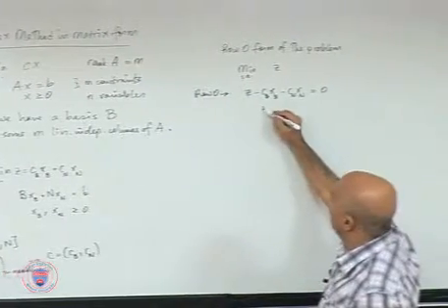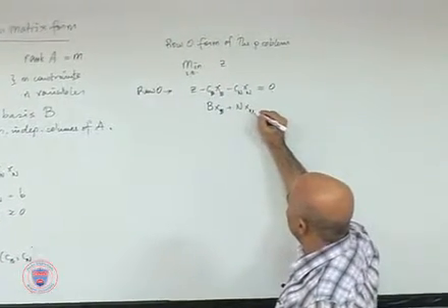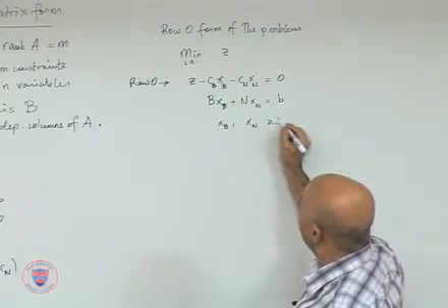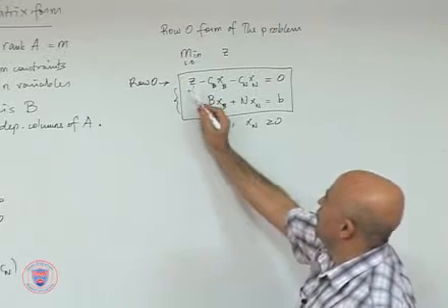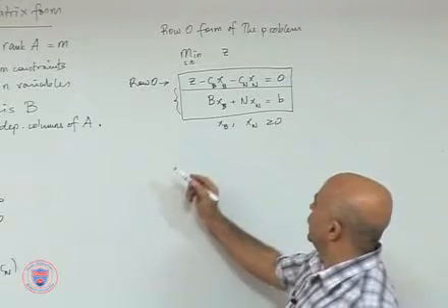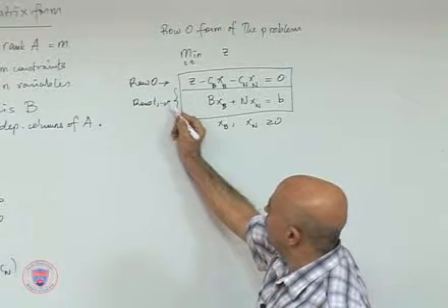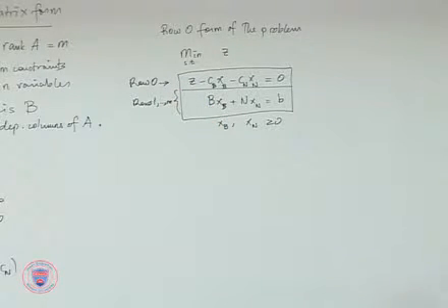The remaining part is already in the constraints. So row 0 refers to this upper portion of the boxed set of equations, and rows 1 through m refer to the remaining part, the lower part. Okay? That's what we did in the example problem also. I'm just trying to match what we're doing here with the example.